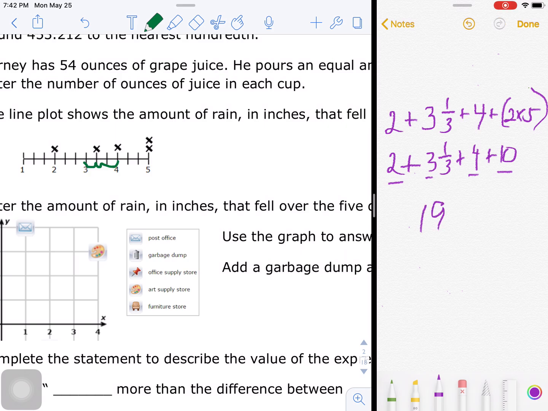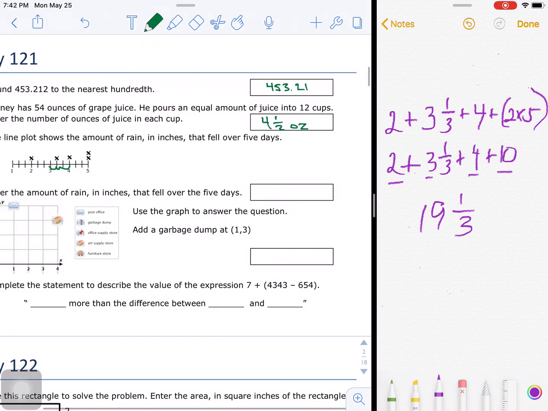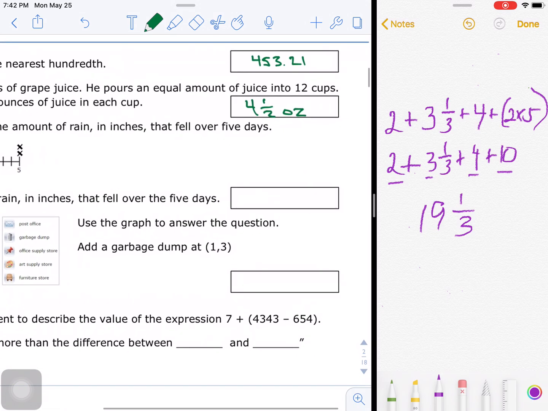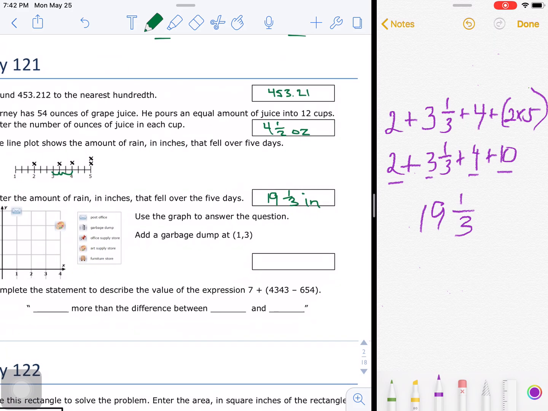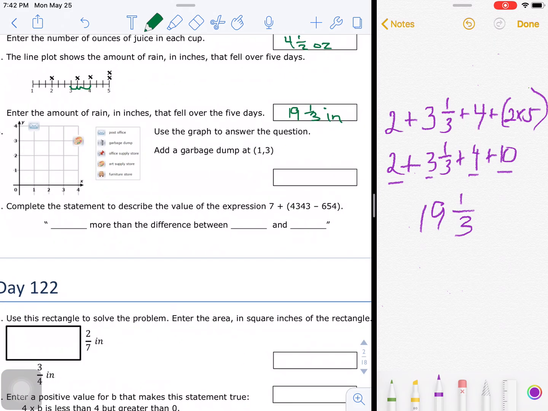And then I only have one fraction, so that's easy to add to the whole number. So I'm left with 19 1/3 inches fell in 5 days. 19 1/3 inches. There we go.